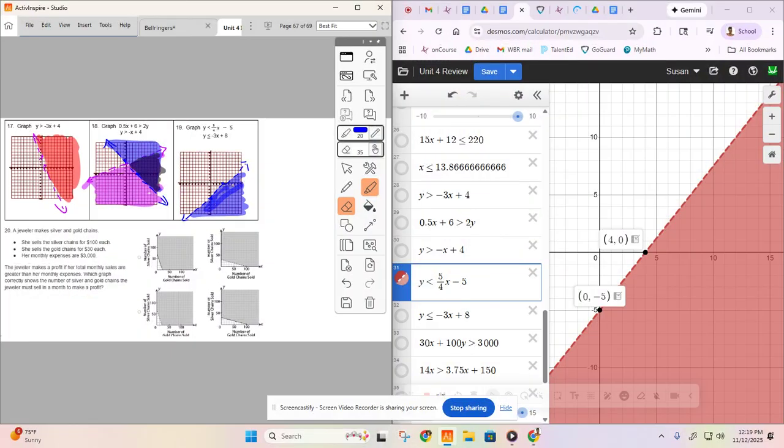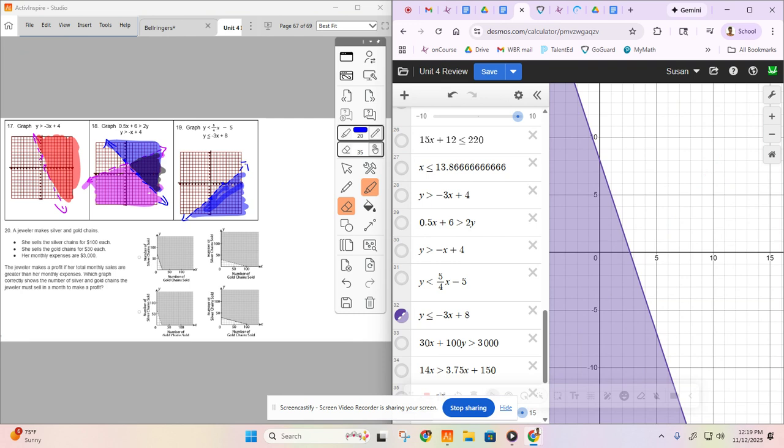The second inequality is going through 0, 8. And let's pick a pretty point right here. It looks like it's going through 2, 2. So 2, 2 is here, and 0, 8 is here.